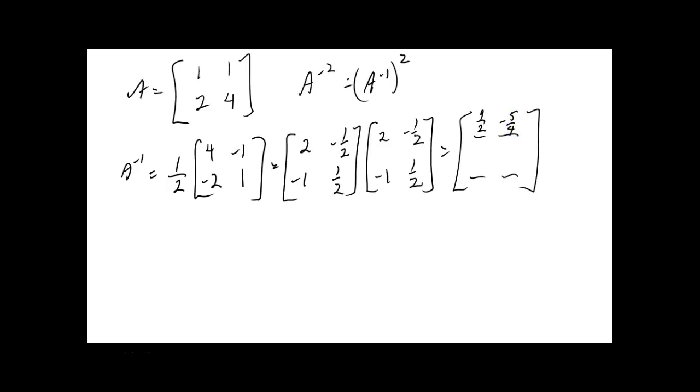Okay. 2, 1 entry. Second row, first column. It'll be a negative 5/2. Okay. That would be a negative 2, that and negative 1/2. You're absolutely right. Negative 5/2.